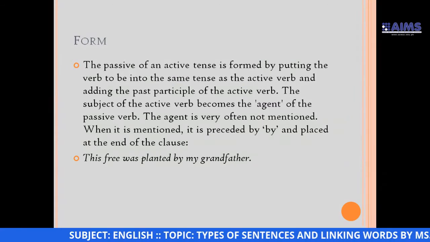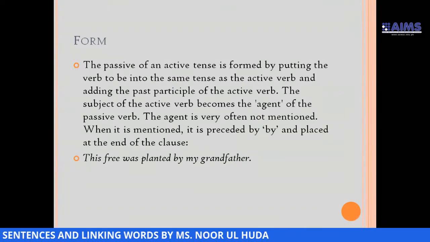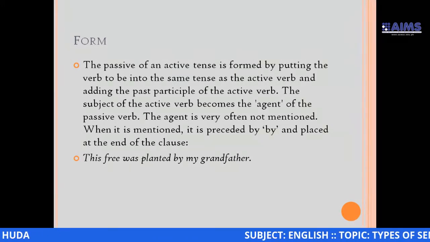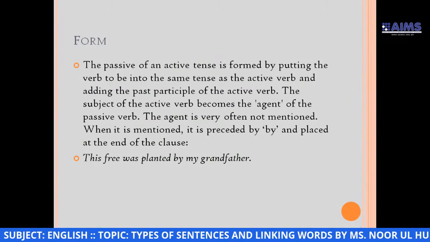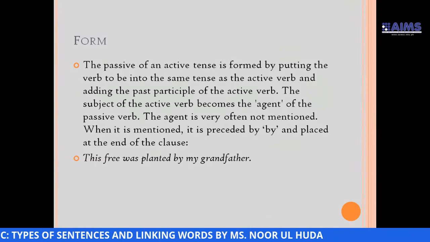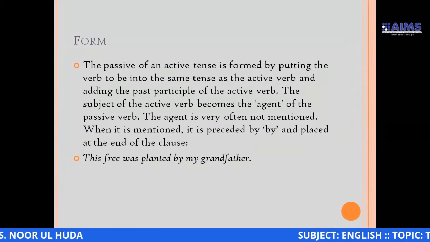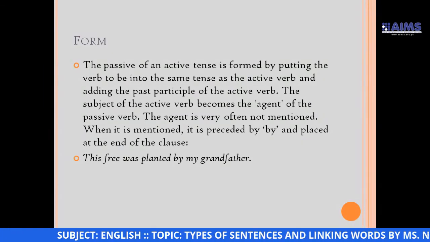What students and people think is that the passive voice must always contain a "by" phrase to show the agent or to show the subject of the sentence. But this is not the case, because in 80 to 90% of situations, we use the passive sentence without that subject, without the "by" phrase.